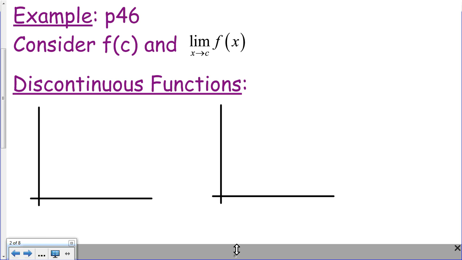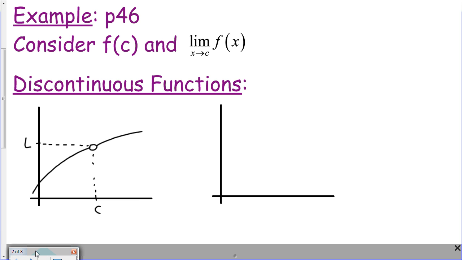Let's take a function that looks something like this, and we're going to have this function have a hole in the graph here. We'll say that this is at point c, and we'll define the limit of our function as L. All right, so obviously we know it's discontinuous here. You can see that it has a hole in the graph.